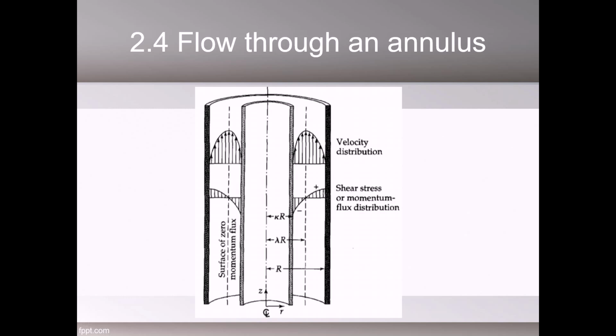Because 2 pi r dr gives you the area, and your average velocity should be based on the area. You want to integrate over the whole area, so usually we write 2 pi r dr. However, the 2 pi can be cancelled out, so I didn't write it. And then you will get this one.